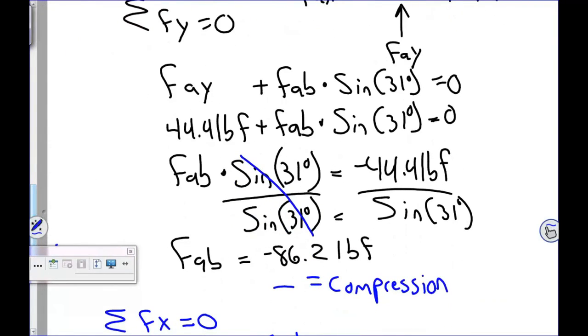Okay, focus. Here we go. Almost done. Everybody see how we isolated FAB? And do that part in your calculator. Make sure you get negative 86.2 pounds of force.